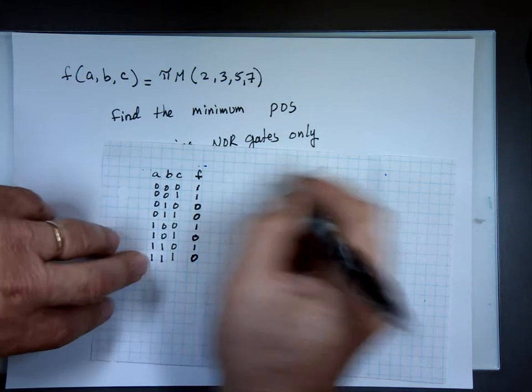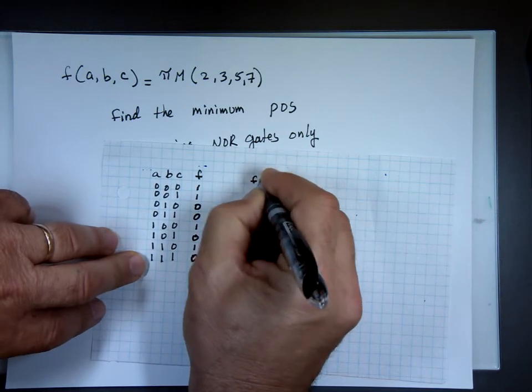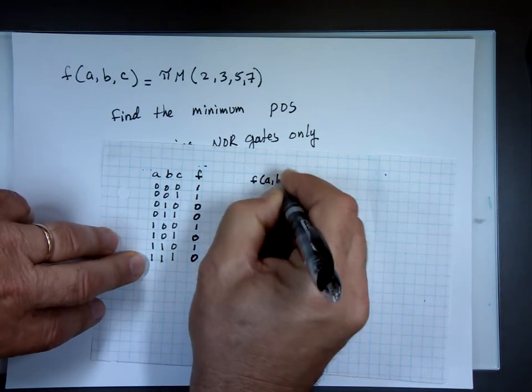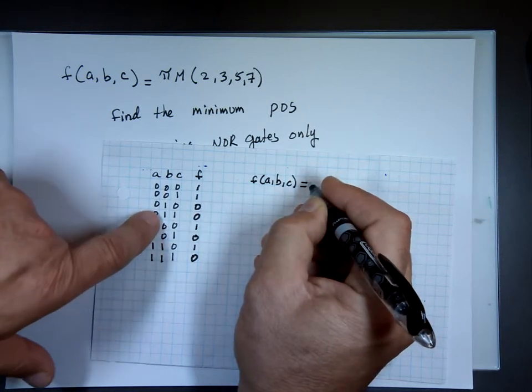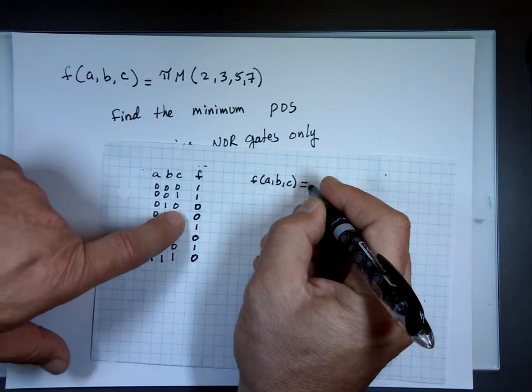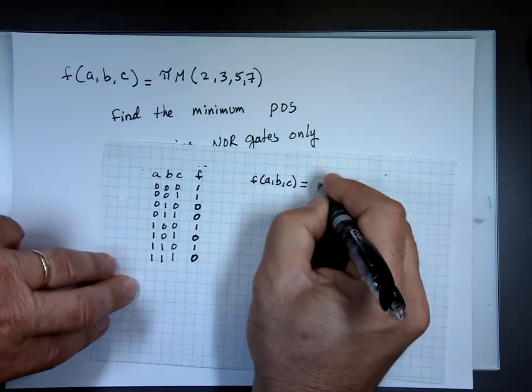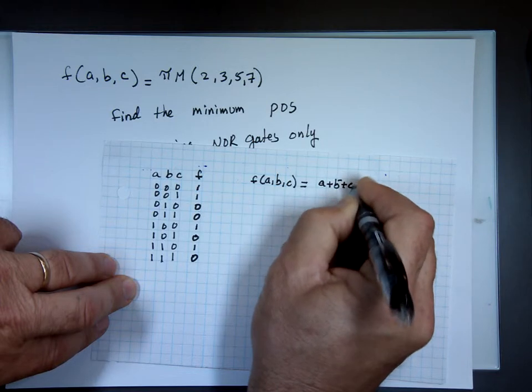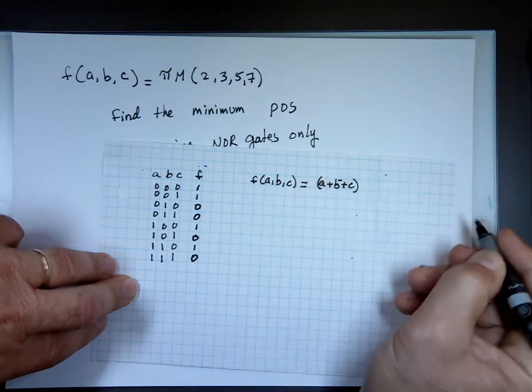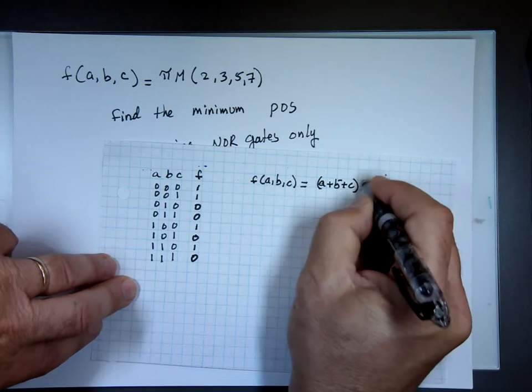So my function here as product of sum, if I rewrite that, here's the first one: A, B bar, C. Product of sum, so they have to be a sum here. The next one is what?